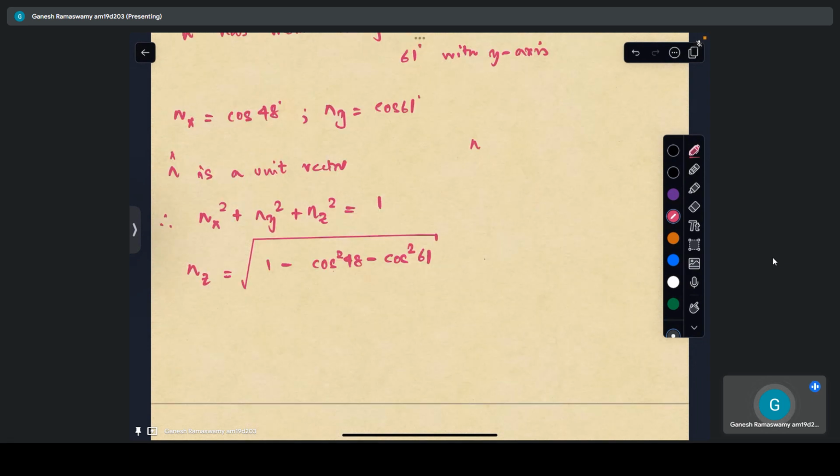So let us calculate what these quantities are. So cos 48 is nothing but 0.669, and then cos 61 is 0.485.